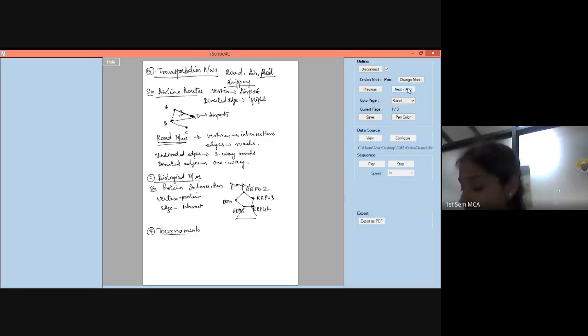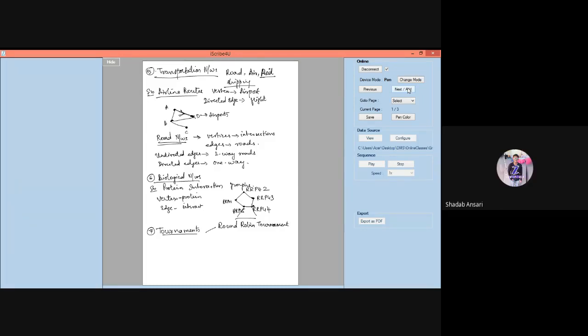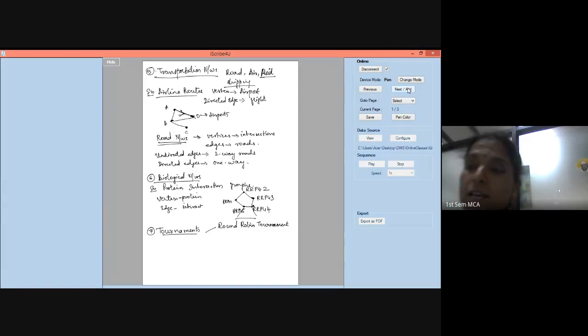One important kind of tournament is called a round robin tournament. Any idea what a round robin tournament is? Time quantum. Okay, I think you are answering with respect to OS. Yeah, a tournament where each team plays every other team exactly once and no ties are allowed.